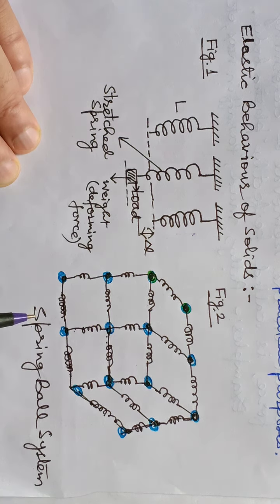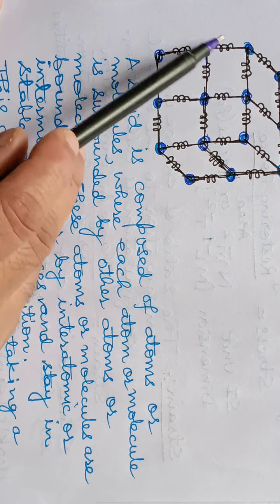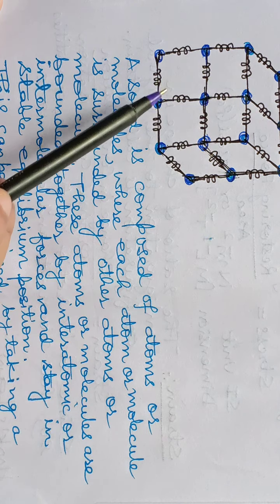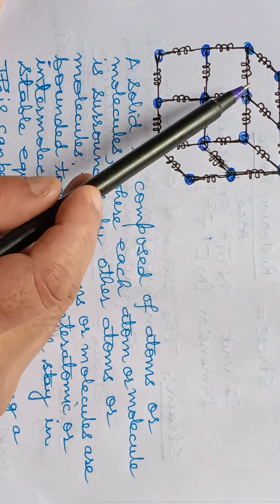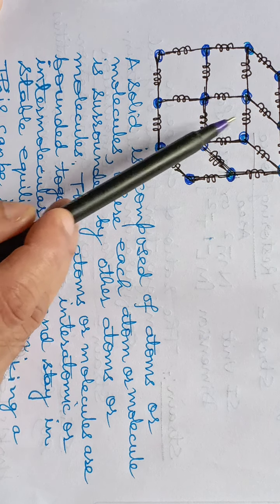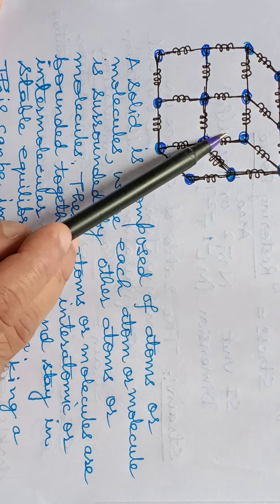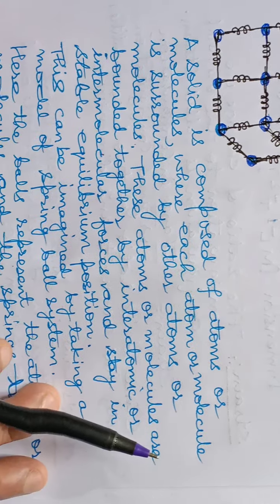These atoms or molecules are bound together by interatomic or intermolecular forces and stay in stable equilibrium position. So these molecules or atoms are at equilibrium position, at different lattice points, because of the interatomic or intermolecular forces existing between these atoms or molecules.